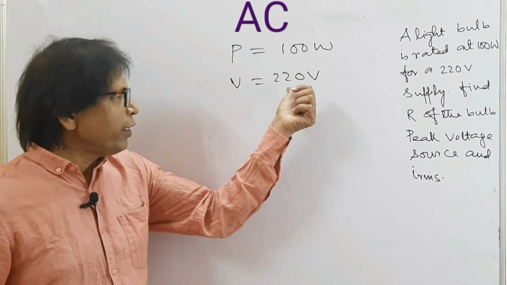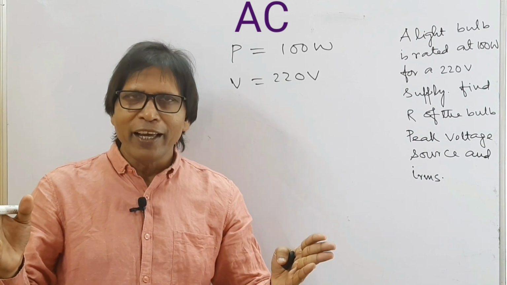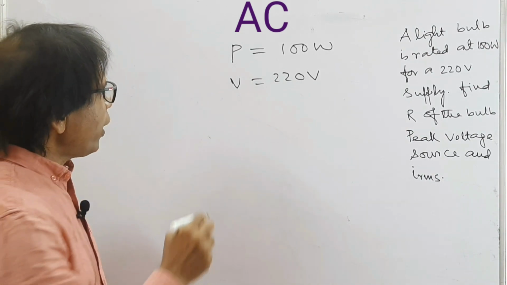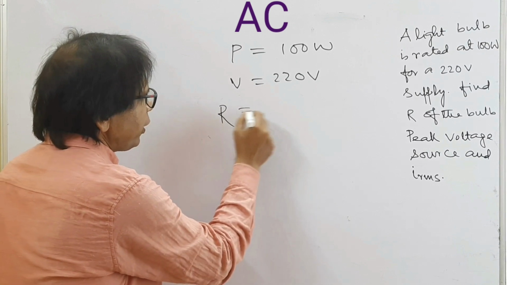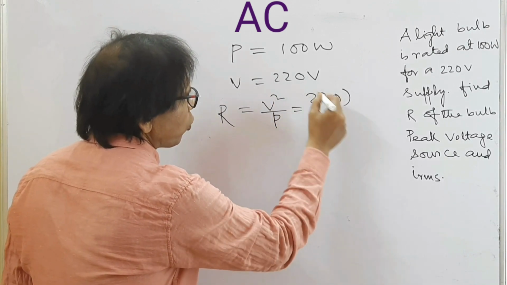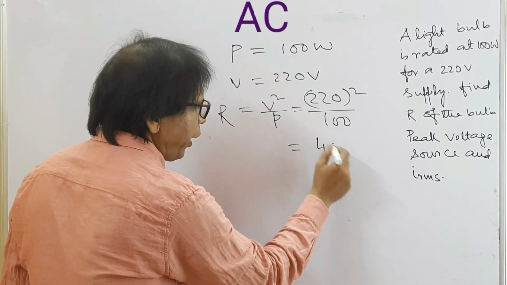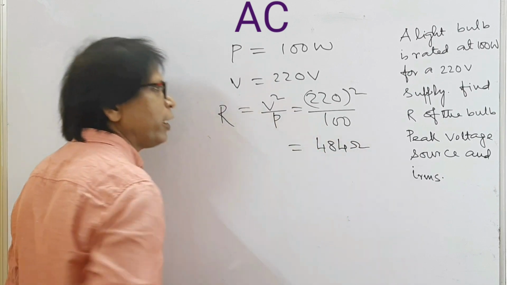Now this voltage is the RMS voltage. So R becomes V square by P. So this is 220 square divided by 100. So this is 484 ohm, the resistance of the bulb.